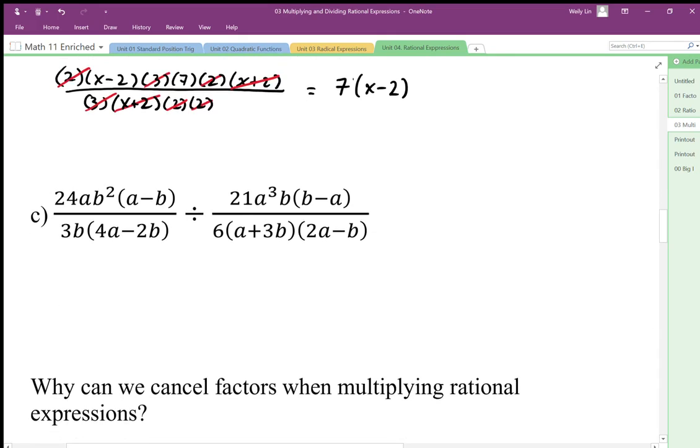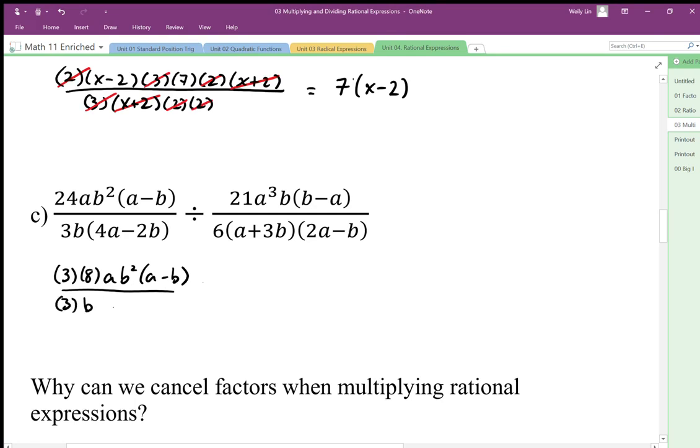So here I have a division statement. I can start canceling right away if I want, but I'm going to write this in factored form. I'm going to factor a few things out here.